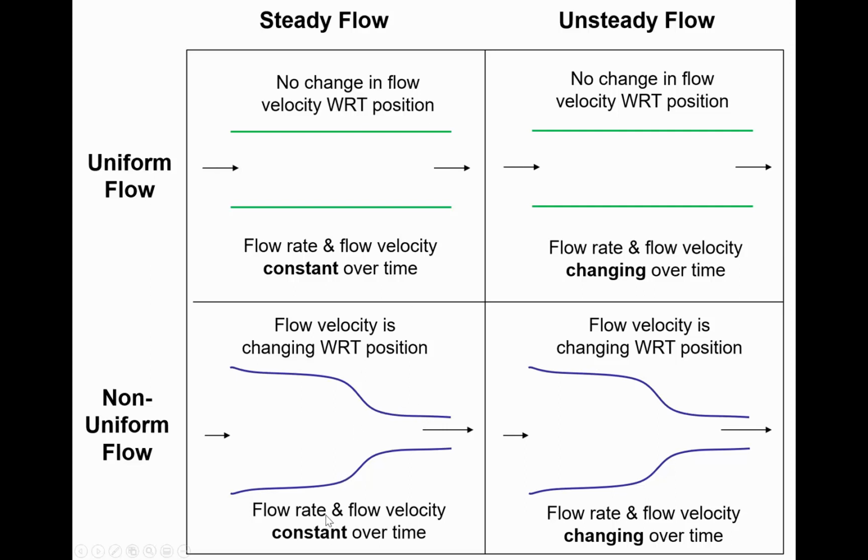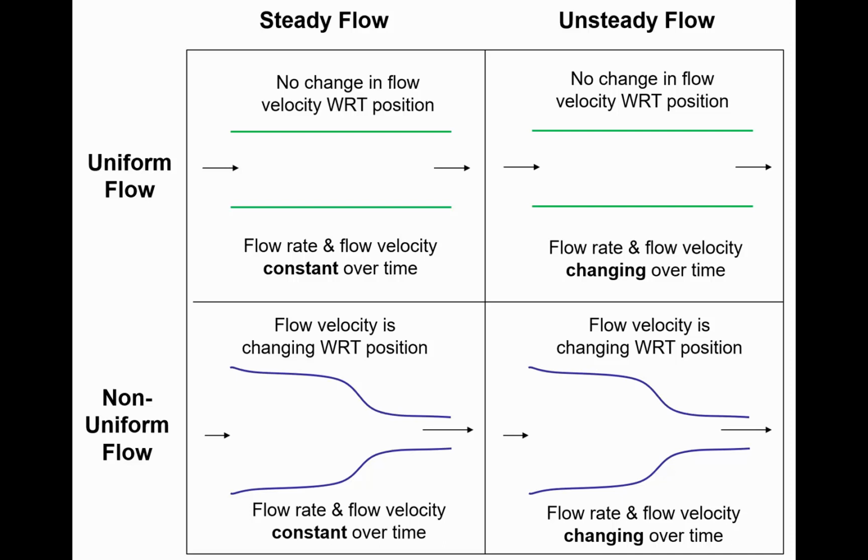Steady non-uniform means that over time the flow rate in and the flow rate out isn't changing from one moment to the next. But unsteady non-uniform would mean that over time maybe a valve is opening. If a valve is opening and increasing the flow rate through this nozzle, then it's both unsteady and non-uniform.